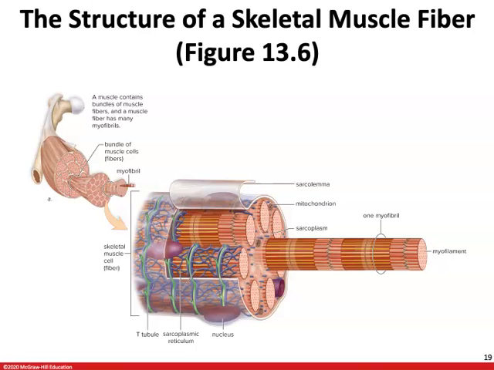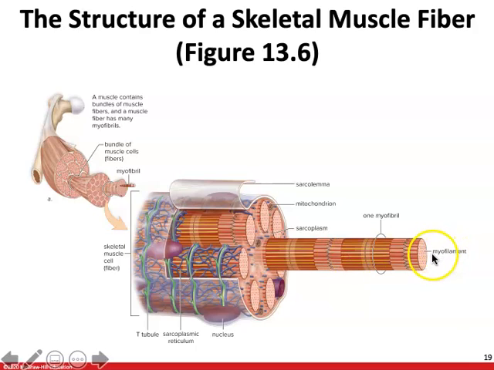So here is what a muscle fiber looks like. It's roughly cylindrical in shape. So here's our muscle fiber. It's grouped inside of these larger cylinders, or even smaller cylinders known as myofibrils. This is what each one of these little striated portions is going to be, those myofibrils.